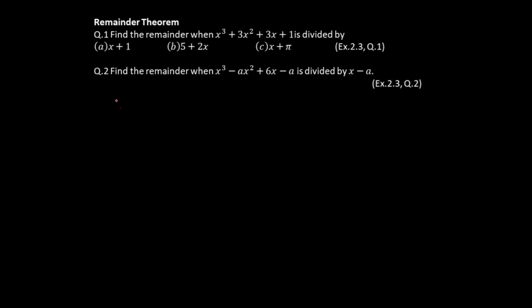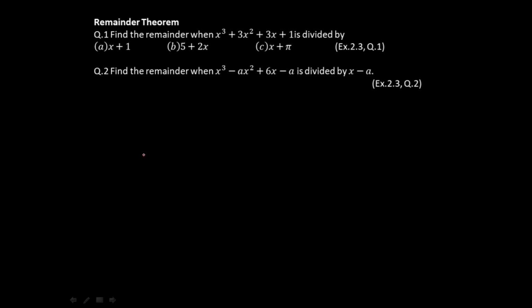It says if a polynomial p of x is divided by a linear polynomial x minus a, then the remainder will be p of a, just replace x by a. And the question is, how did I get this a? Whatever is the divisor, in this case x minus a, put that equal to 0, you will get that value a. So replace x by that value, you will get the remainder. Clear?